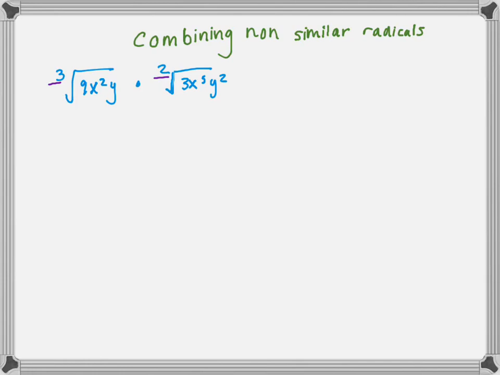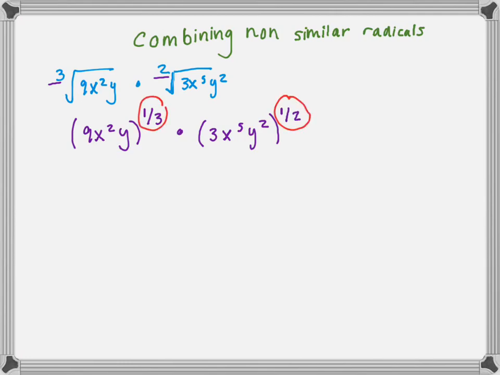So basically what we're going to do is we're going to combine these into fractional exponents. So we're going to make this 9x squared y to the 1/3 times 3x to the 5th y squared to the 1/2. And now what we really want to do is we want to make these have the same denominator so that we can easily combine these, right?